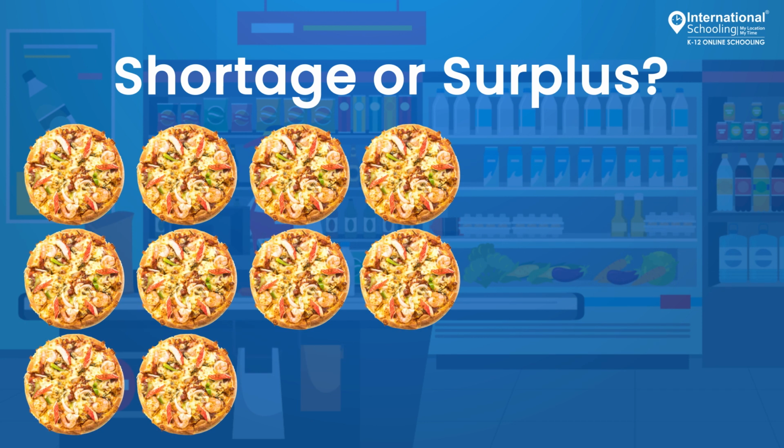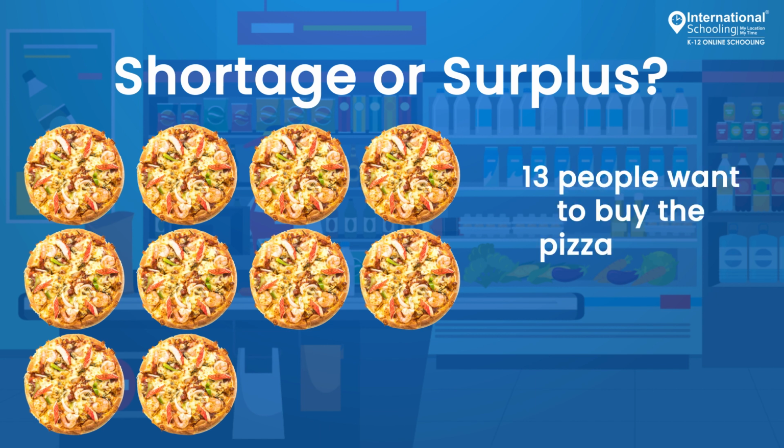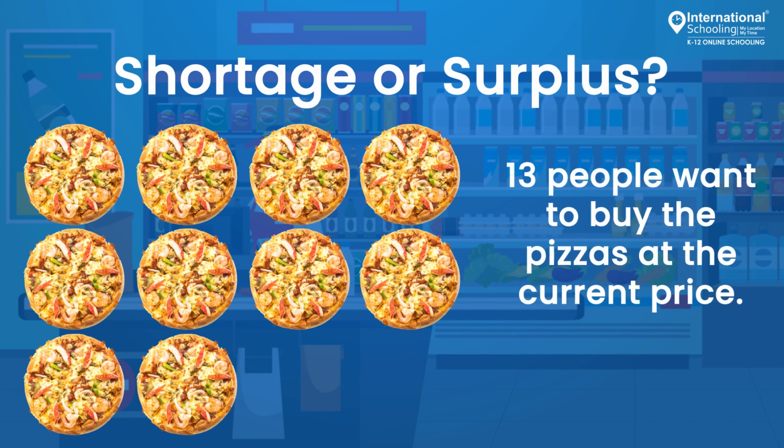Pizza shop. Let's say a pizza shop has 10 pizzas and there are 13 people who want to buy the pizzas at the current price. So there are 10 pizzas and 13 people who want to buy a pizza at the current price.